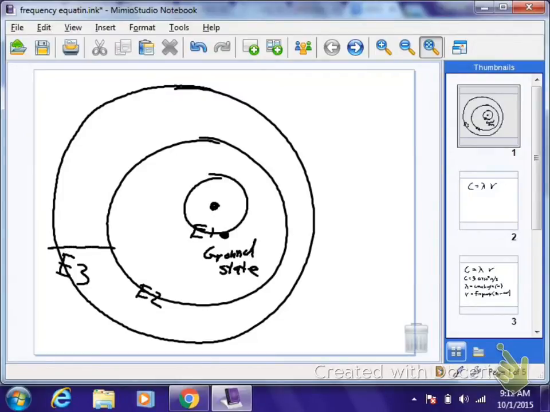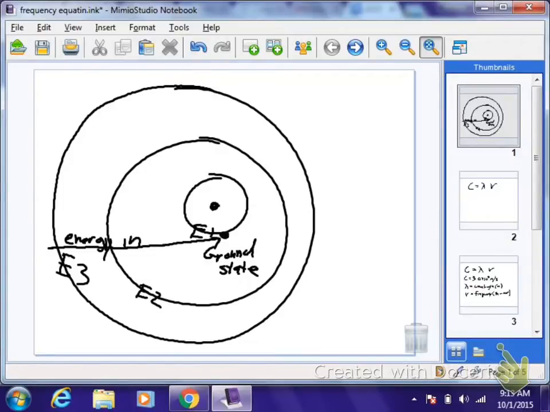What happens is this arrow represents energy going in. Energy's gone in, and it could be heat or electricity. Now, tomorrow we're going to use heat. We're going to use a flame, and we're going to put energy into certain elements, certain metals.